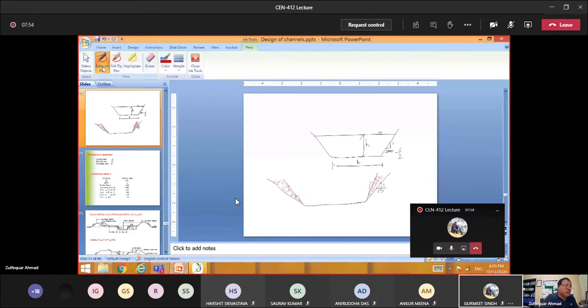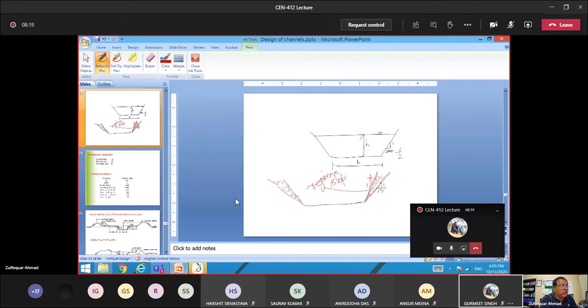Once you construct this canal, you have to provide the construction slope, and automatically the canal will attain another slope, which we call the regime slope, attained by the flowing water.